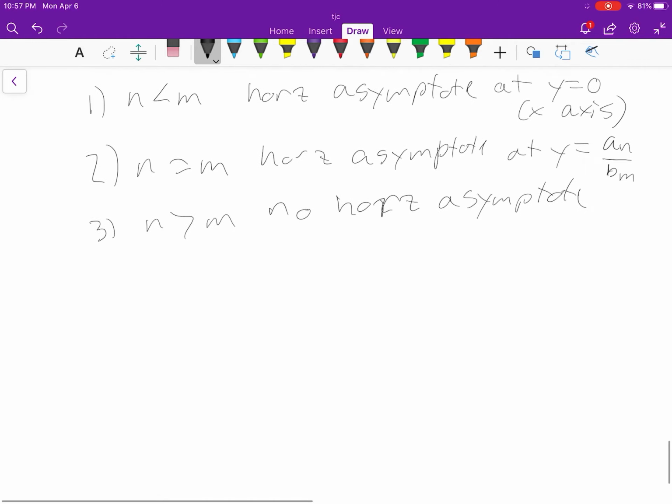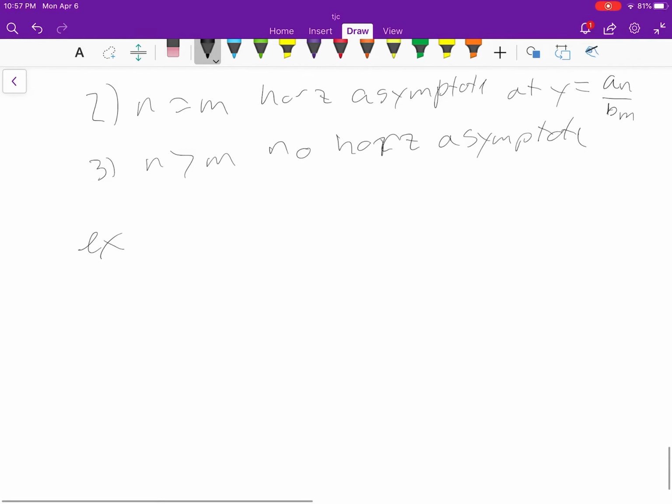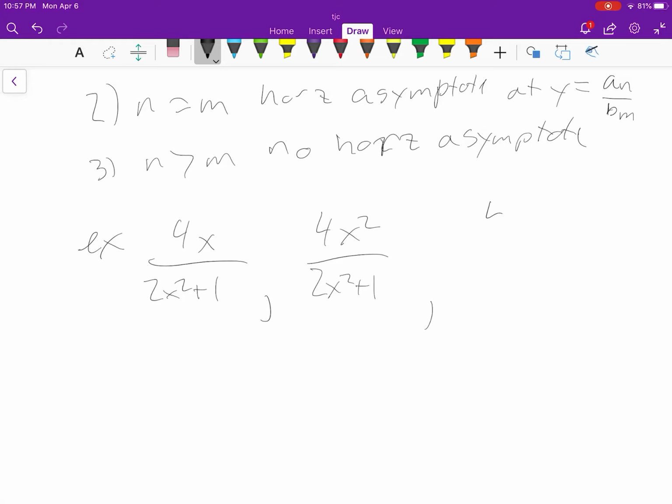Okay, so it's best to look at some examples here. I'm going to look at these three functions, and I'm just varying the power of the top. First one, does this have a horizontal asymptote? 4x over 2x squared plus 1.